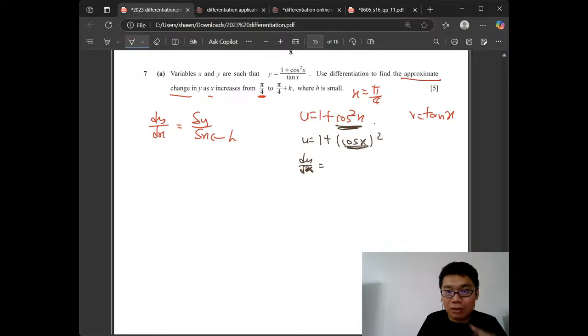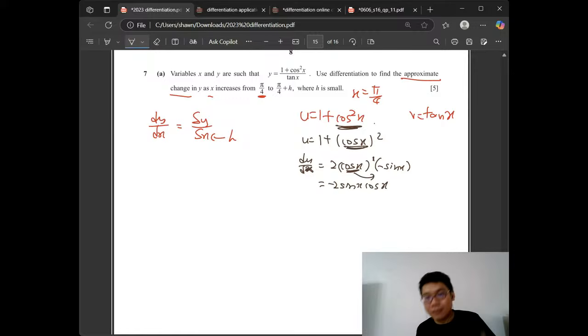How about this? You need to know this cos itself is a baby. So we apply the power through front. Baby copy, power minus 1. Then at last only we differentiate the baby. Differentiate cos will become negative sine x. So at last this is -2 sine x cos x. Okay, this is the only challenging part for this question.